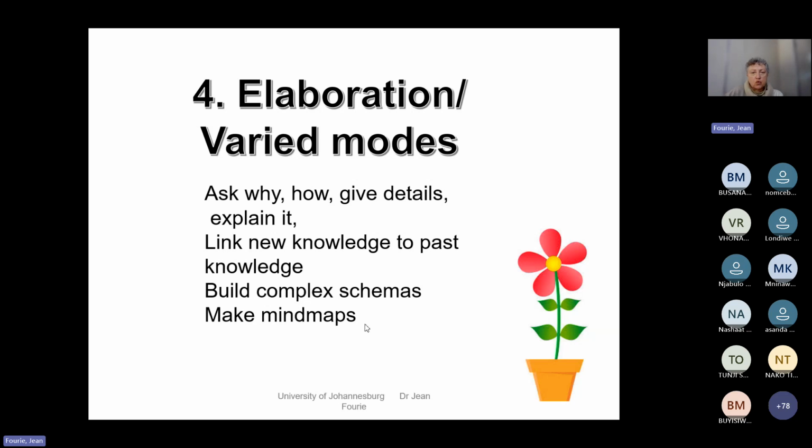And making visual representations, good summaries, mind maps, having good keywords, highlighting important aspects in a text, for instance, being able to really manipulate and work with the content, whatever subject it is. This idea of elaboration and using varied modes is a strategy that helps with recall and with putting information into long-term memory.